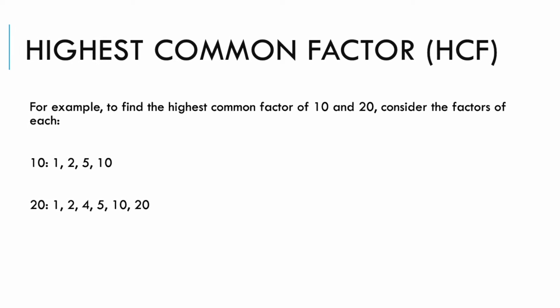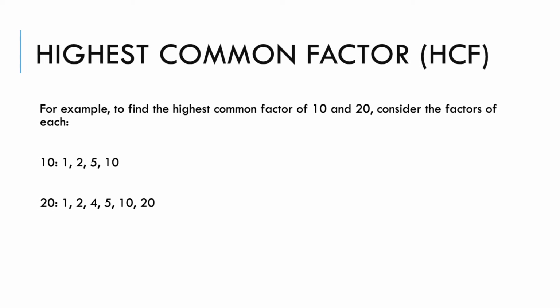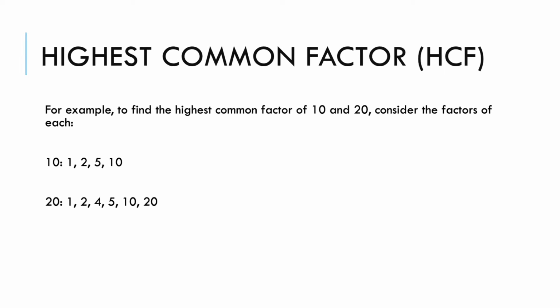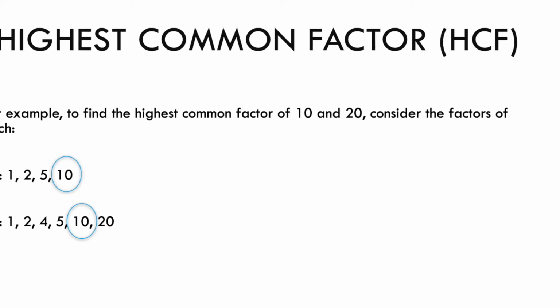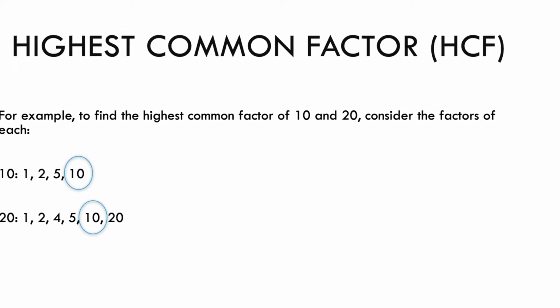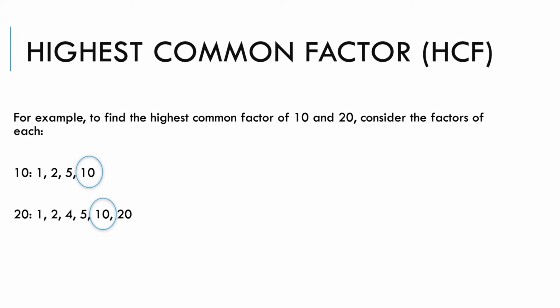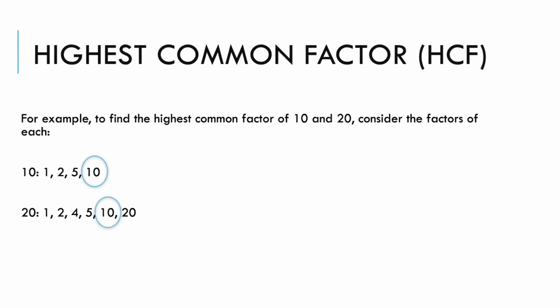And for 20, you can see the factors listed there as well. So 20 can be divided by any of those numbers evenly. From there, we can have a look at the factors that they have in common. They both can be divided by 1 or 2 or 5, but we're looking for the highest common factor, so the highest one they both have in common is 10.